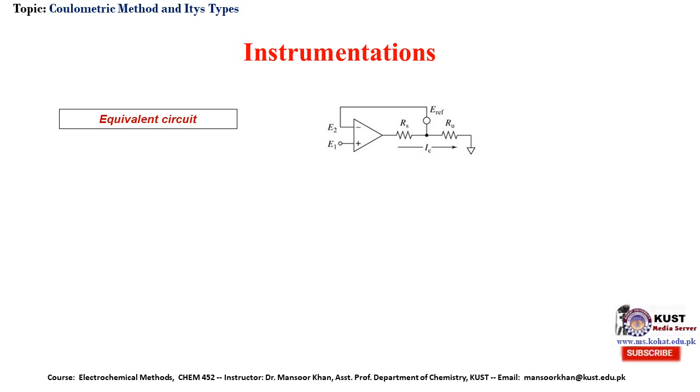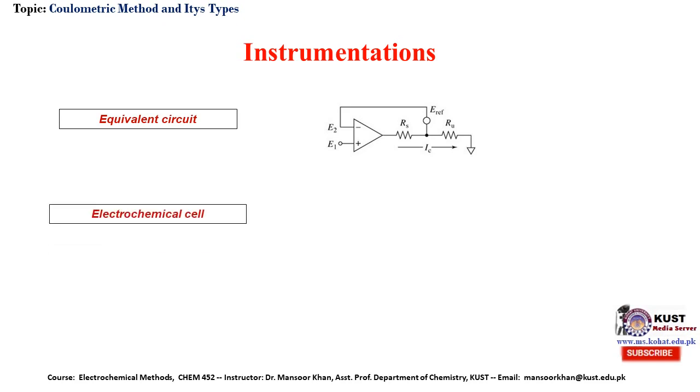We have two electrodes, E1 and E2, and we also have a reference electrode which is represented by Rf. Now the current flows from E1 to E2 through Rs and through Ru, and then it goes for the measurement of the electric current.